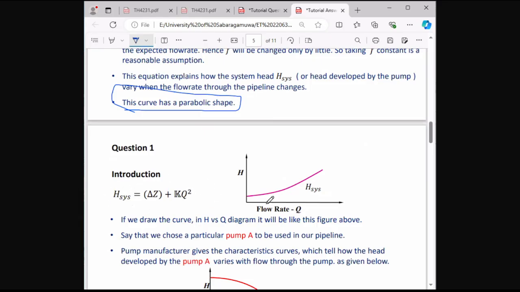According to this equation, you can draw H versus Q. H means this system head, and Q means this flow rate. You will receive this type of graph.